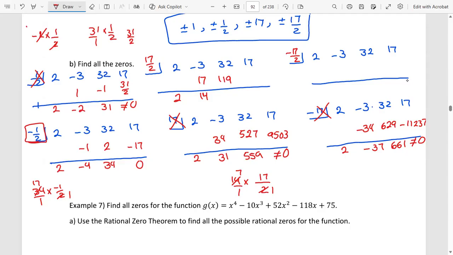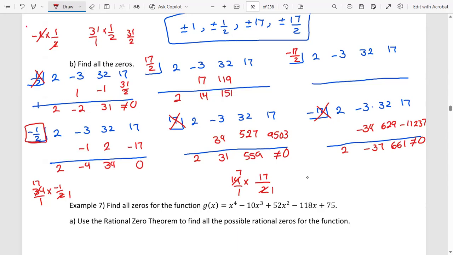119 times 17 over 2. There is no way that you can simplify 2 and 119. You just need to multiply 119 by 17 and divide it by 2. Oh, I forgot to add these together. 119 plus 32 first. Oh, sorry. 119 plus 32, which is 151.